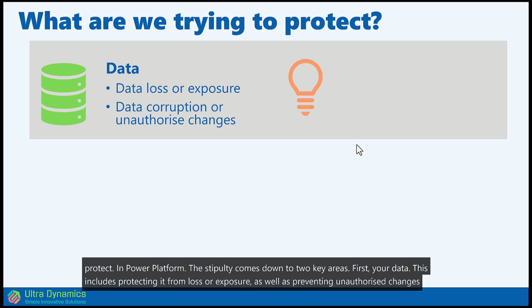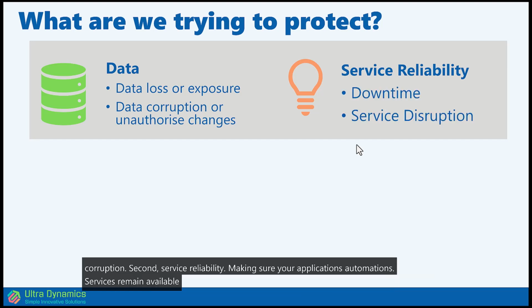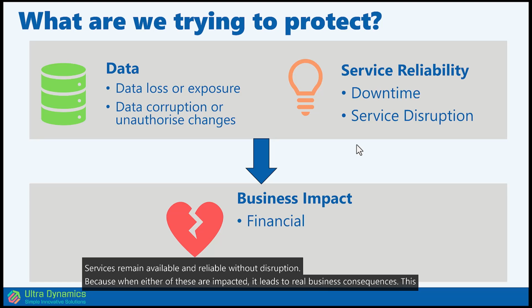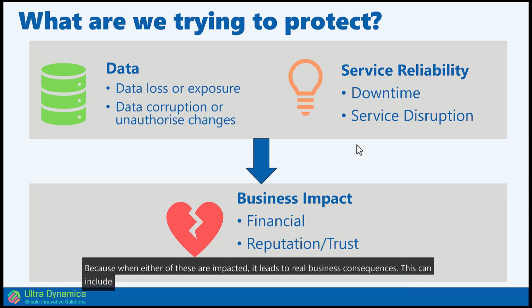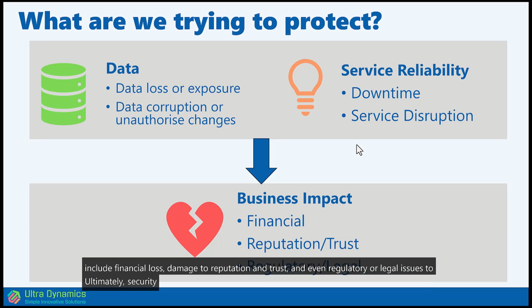Second is service reliability, making sure your applications, automations, and services remain available and reliable without disruption. Because when either of these is impacted, it leads to real business consequences. This can include financial loss, damage to reputation and trust, and even regulatory or legal issues. So ultimately, security isn't just a technical concern, it's about protecting the business.